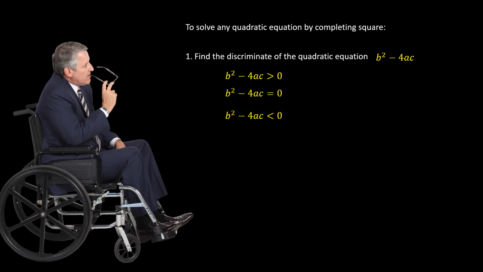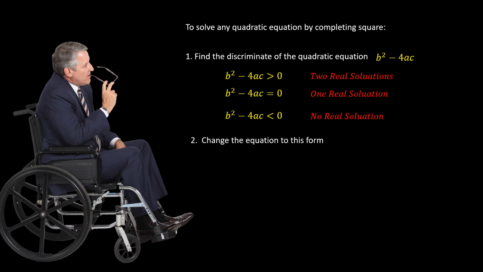In the first case, if the discriminant is positive, we have two real solutions. If the discriminant equals 0, I have one real solution. But if it's negative, there is no real solution, meaning I have complex or imaginary solutions.